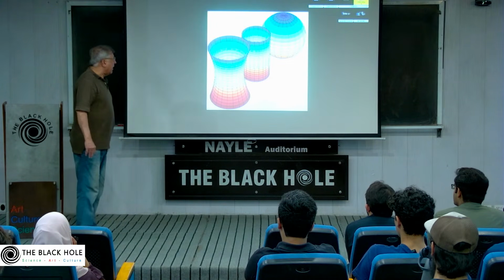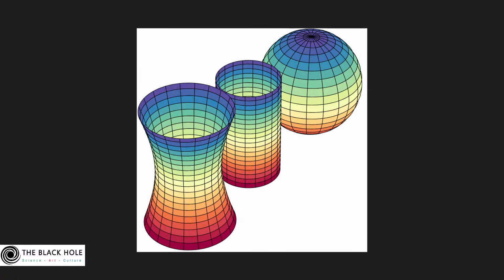So here are three surfaces, a sphere, a cylinder, and a hyperboloid. The sphere has got two curvatures, but they're both the same because the sphere is, of course, spherically symmetric. If you're sitting at a point, then it looks the same whether you look sideways, this way, that way, or up or down.